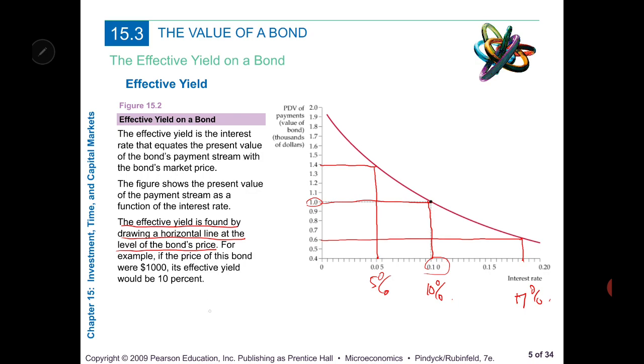Again, you have an inverse relationship. And secondly, you will see that the lower the price that you purchase the bond, the higher the interest rate, or the higher the yield. But with the higher yield, why is the price so cheap then?